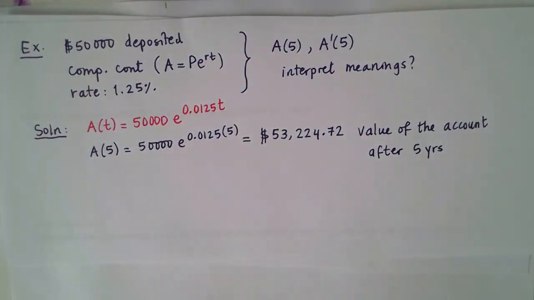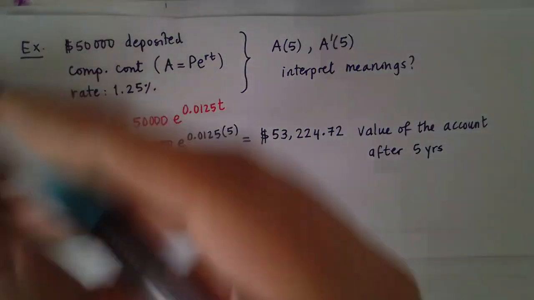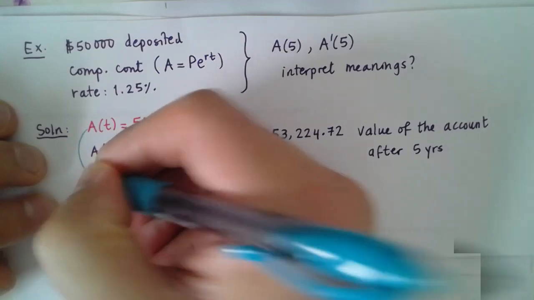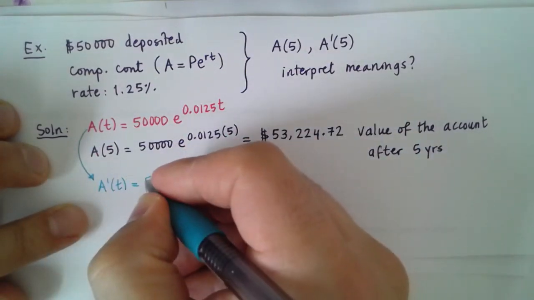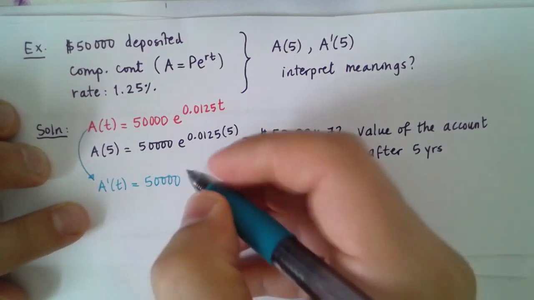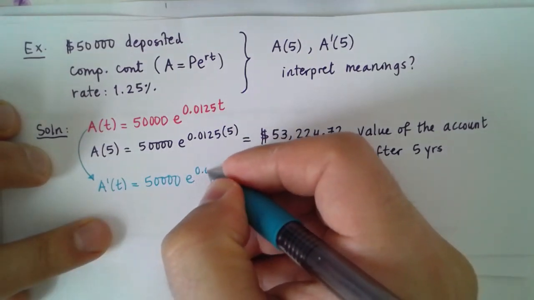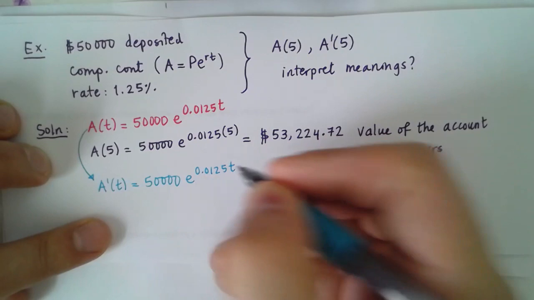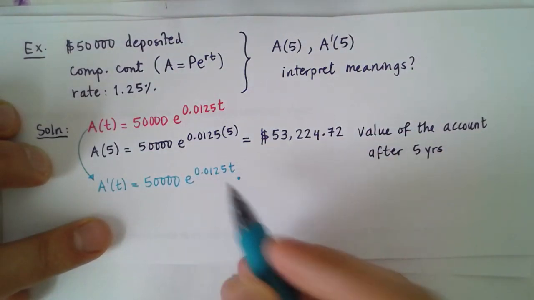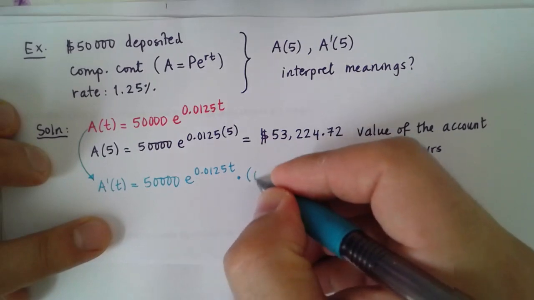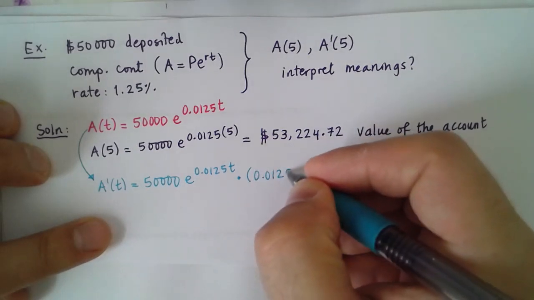Next, you need the derivative now, and we use the chain rule. So A prime of t: keep that 50,000, e to the power 0.0125 times t, and then multiply by the derivative of the exponent. The derivative of t is 1, so it's going to be 0.0125.